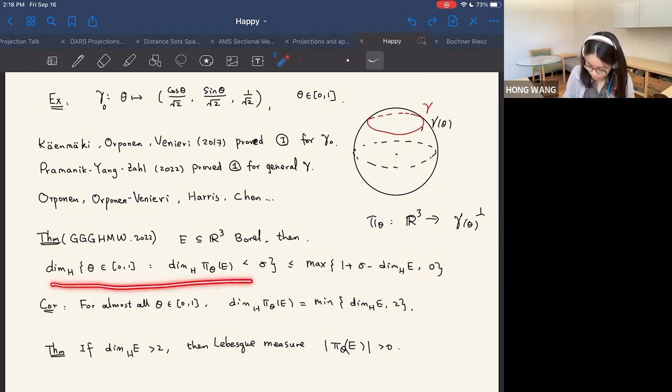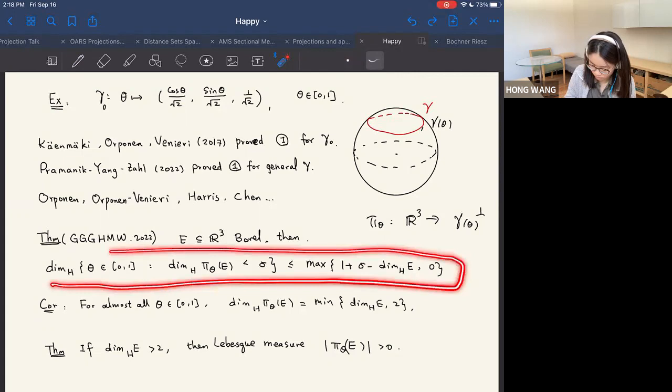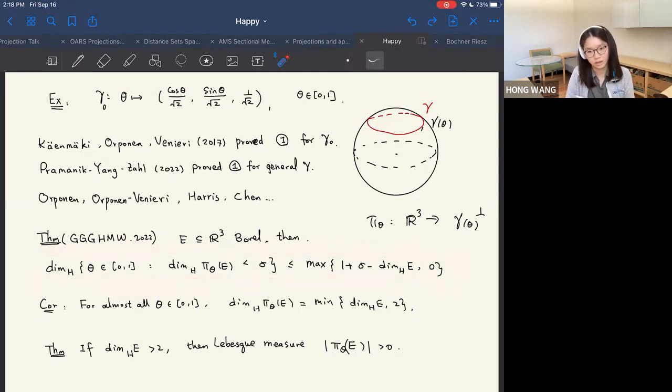The form of this result is really an analog of the result by Peres and Schlag for Marstrand's projection theorem.